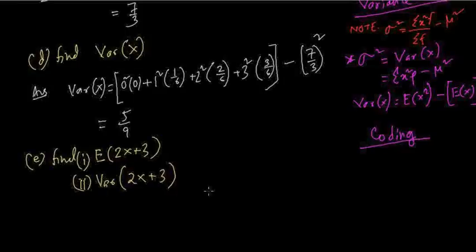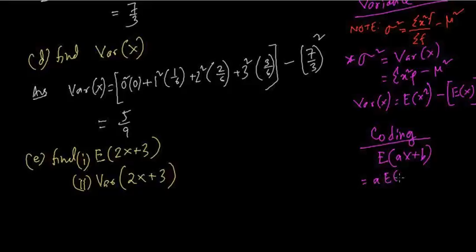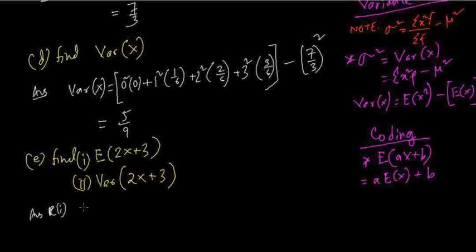So when we have a coding, expected value of ax plus b just means multiply the coefficient of x with the expected value and add the constant to that. That's it. Very simple. So E of 2x plus 3 is going to be the coefficient of x multiplied by E of x, plus the constant 3.